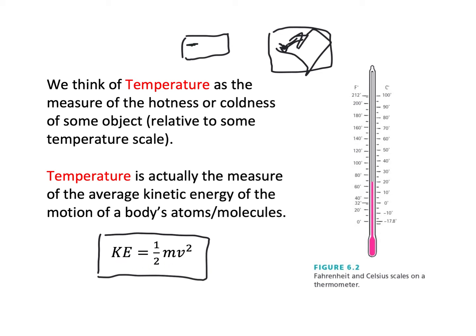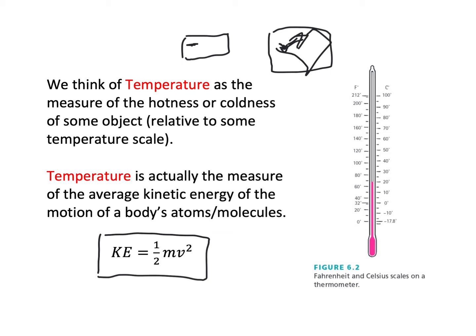So if you add up all the kinetic energy of all the atoms and molecules and divide by the number of atoms and molecules, what you end up with is the average kinetic energy of all the atoms and molecules together. And that is what we call temperature.